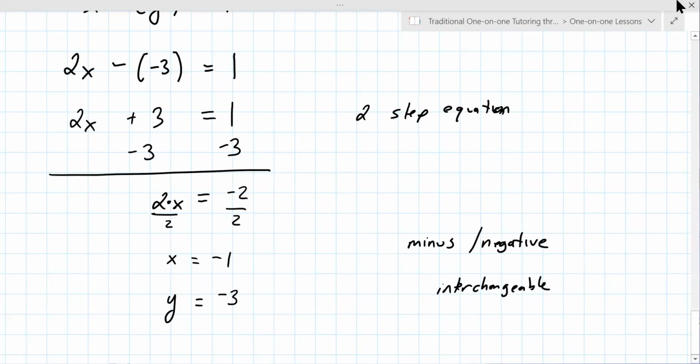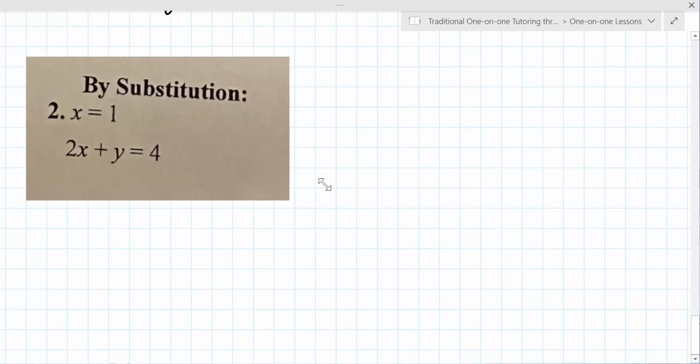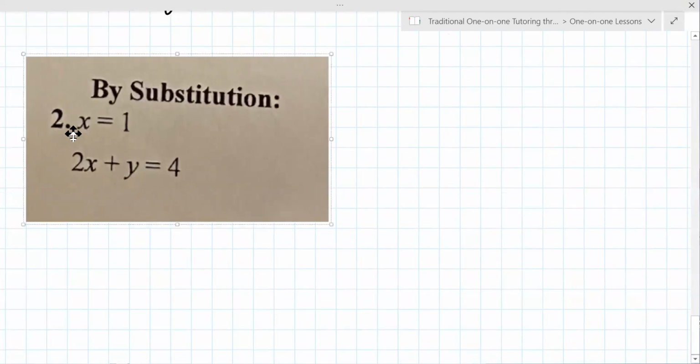Okay, so let's look at the second question down there that says by substitution. When I look at this, I see that x is 1. And I have a second equation here where I'm going to substitute this value of 1 in for x.